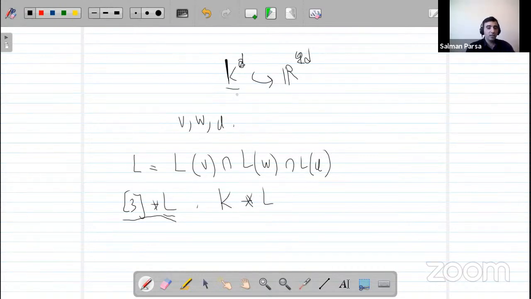The summation of the sizes of these links is actually, I think, 3 times the number of edges. So this shows the number of edges of the link of V. The summation of this, I think, is 3 times the number of triangles.